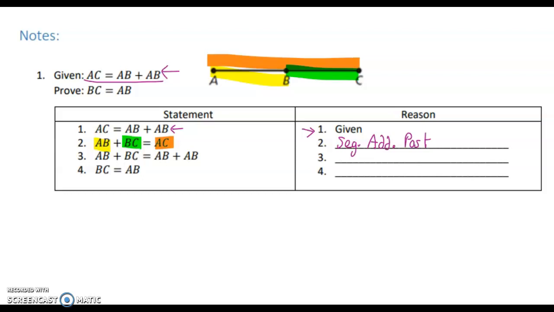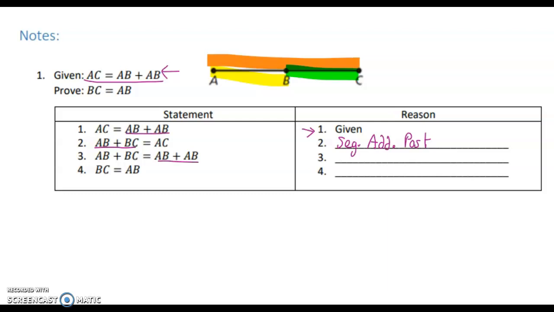All right, now the next statement, statement 3, is probably using something from the previous two statements together. You have AB plus BC, that was this amount right here, and you have AB plus AB, that's this part right here. Somehow they took statements 1 and 2 and combined them.